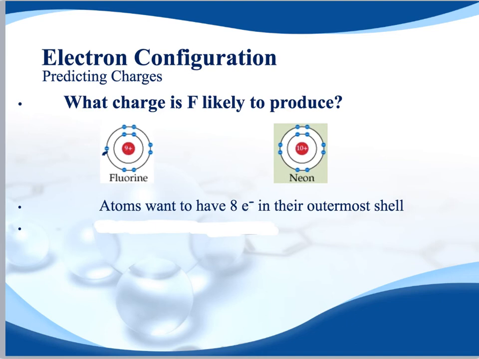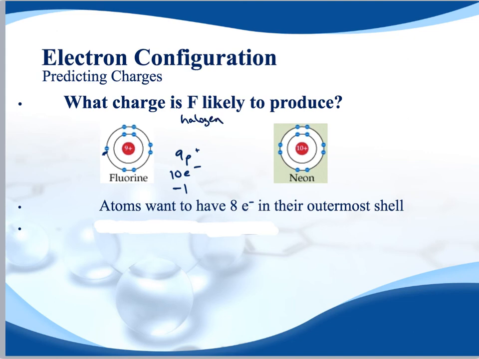So let's go ahead and write down those numbers here. Now we end up with 9 protons and 10 electrons. This atom has gained an electron. It's now got 1 extra electron, which means its overall charge is -1. And so if we stop there and go back to fluorine, it's part of the halogen family, which we talked about.